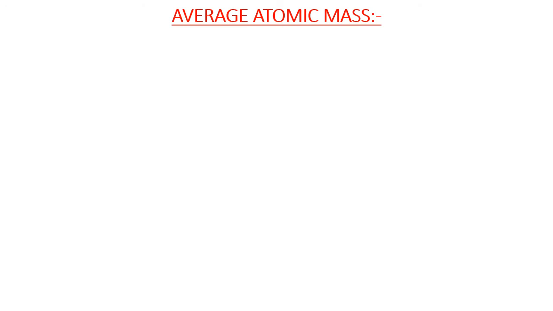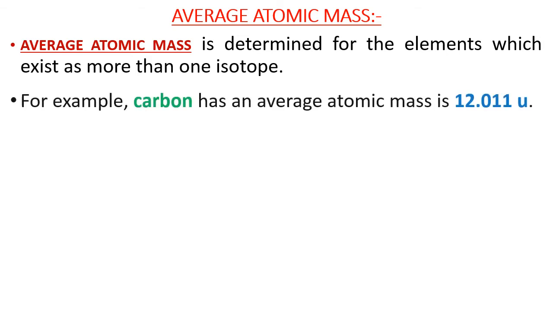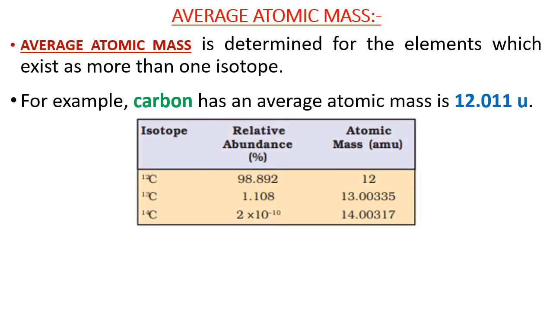Let us know about average atomic mass. Average atomic mass is determined for the elements which exist as more than one isotope. For example, carbon has an average atomic mass of 12.011 u. Carbon-12 has a relative abundance of 98.892 and its atomic mass is 12.